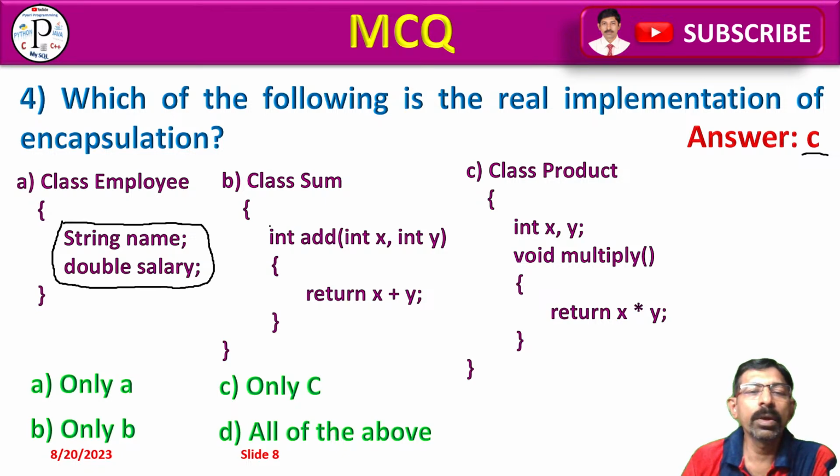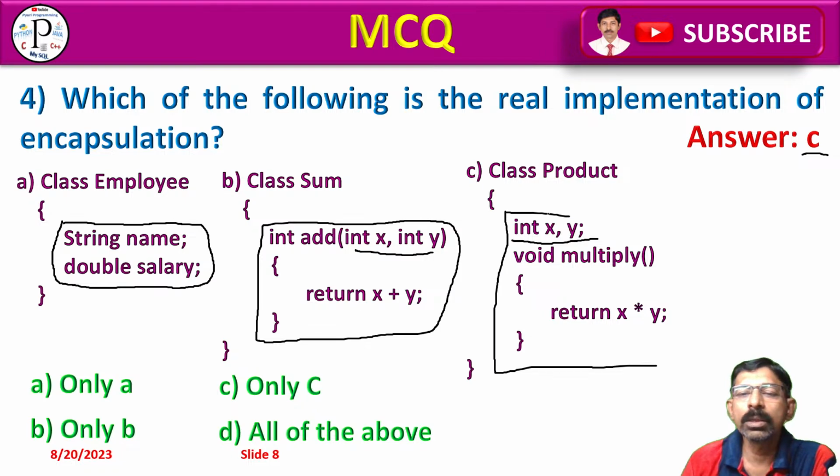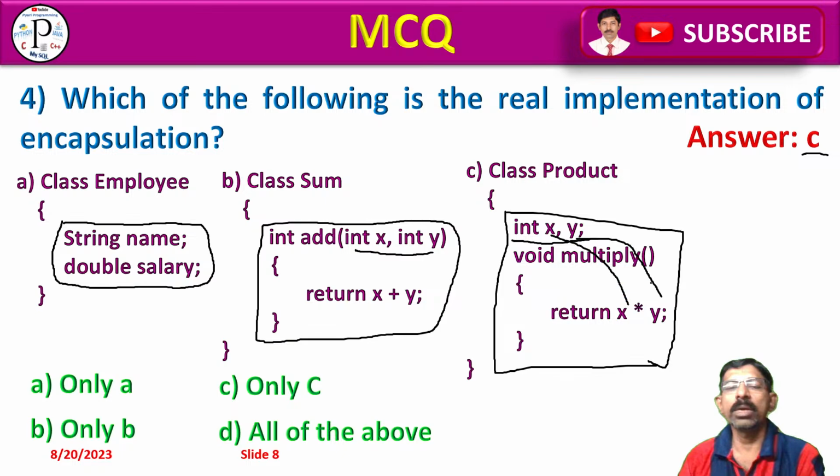It is only having methods. Sai Subhankar might have thought that these are instance variables. These are not instance variables. These are local variables. Now here I am having the combination of instance variables and methods, and the method is manipulating these instance variables. So this is the best suitable example of encapsulation.